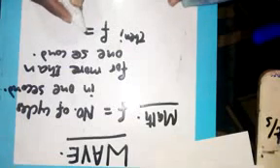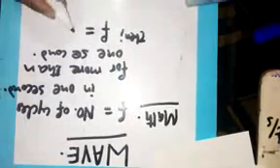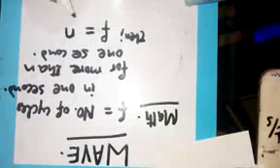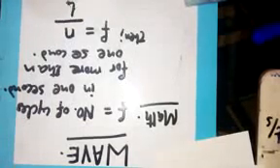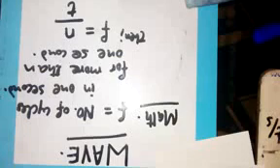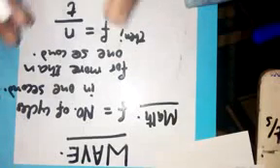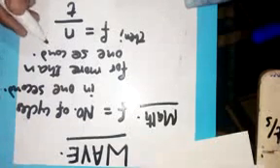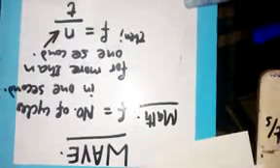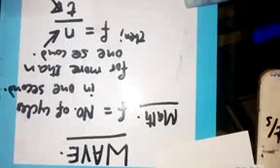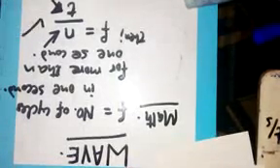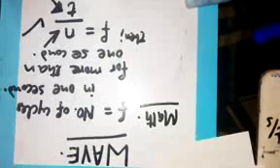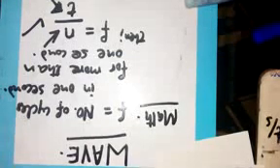Frequency will be equal to the number of cycles, let us assume n, divided by what? The time taken, which is t. Therefore, for more than 1 second, frequency is the number of cycles made divided by the time taken to make those cycles. This is how we can calculate frequency mathematically if the time given is more than 1 second.